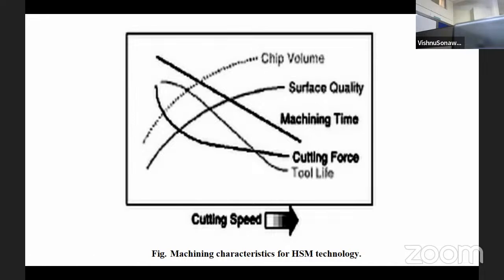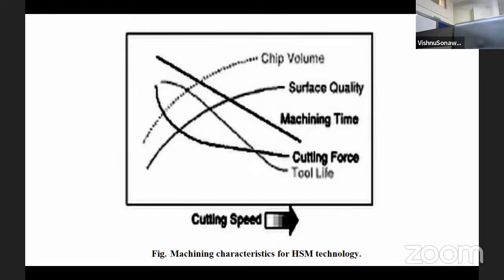But for surface quality to increase, the speed should be increased, isn't it? The machining time, when we increase the cutting speed for this workpiece material, will be drastically reduced. The machining time will be minimized. And then the cutting force and specific cutting force. Initially, the maximum cutting force is required at low cutting speed.